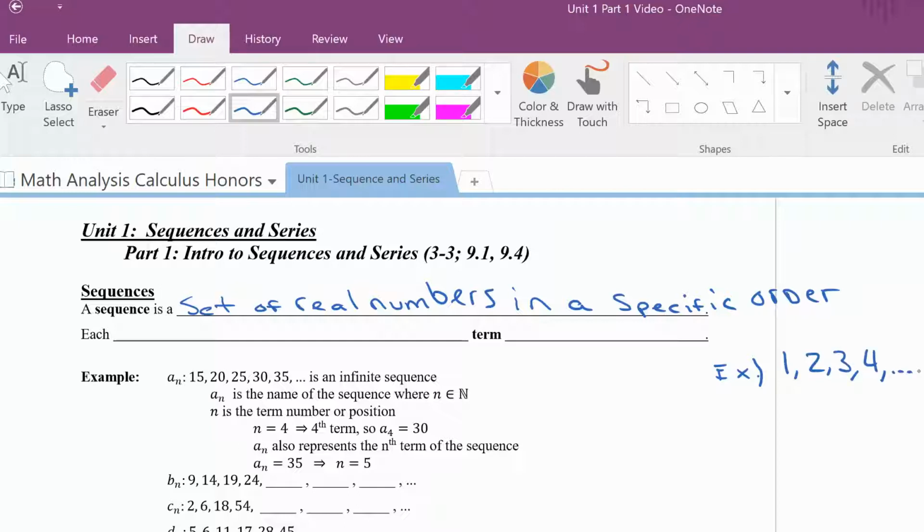That is a sequence in a specific order. Each number in a sequence is a term of the sequence.